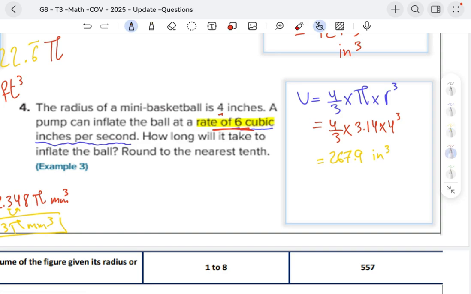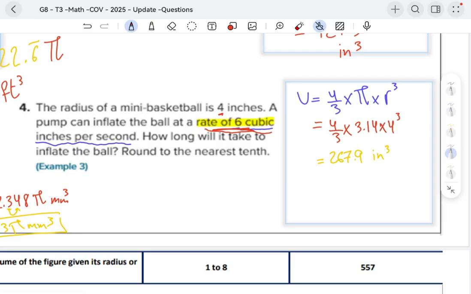Now it says in the question that the pump can inflate the ball at a rate of 6 cubic inch per second. To determine the time that it will take to inflate the ball, we need to find how many 6 cubic inches are in this sphere.